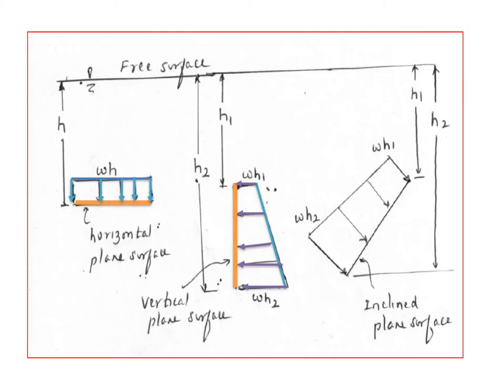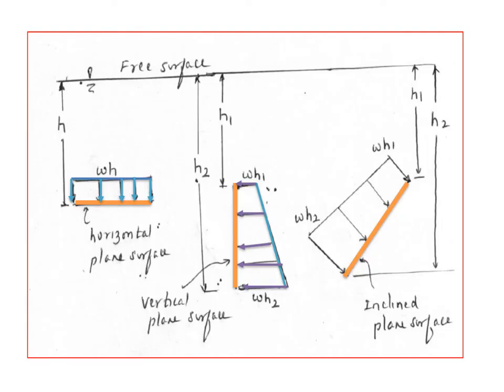Now consider an inclined surface, which is at an angle theta with respect to the horizontal. For calculating pressure intensity, you should know the vertical depth. Say the vertical depth to the top edge is h1 and to the bottom is h2. The pressure intensity at the top edge will be omega into h1 and at the bottom it will be omega into h2.